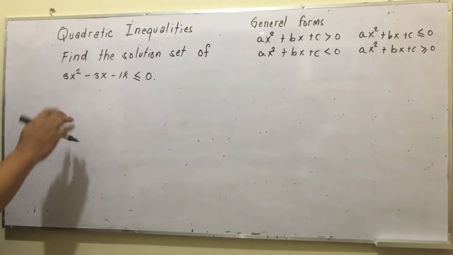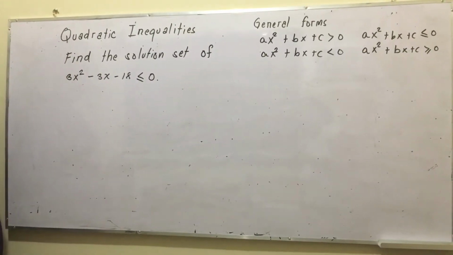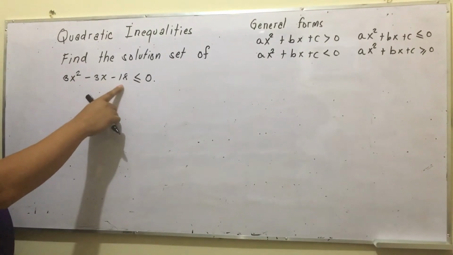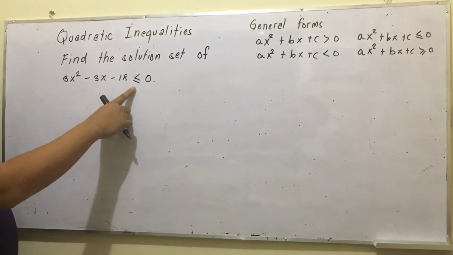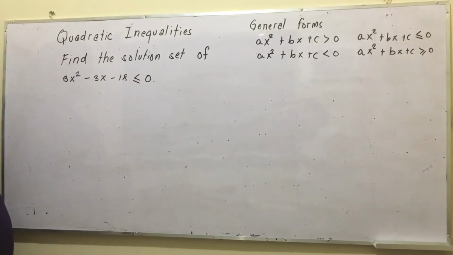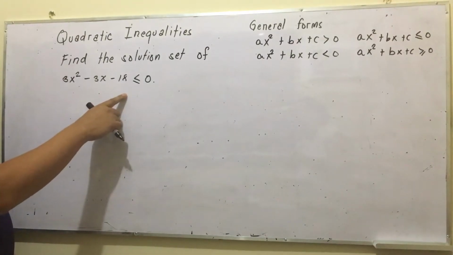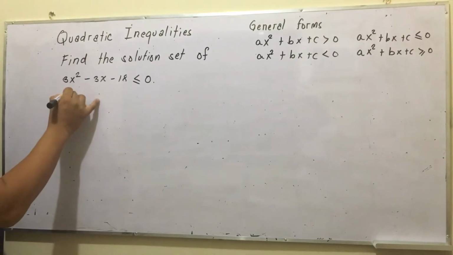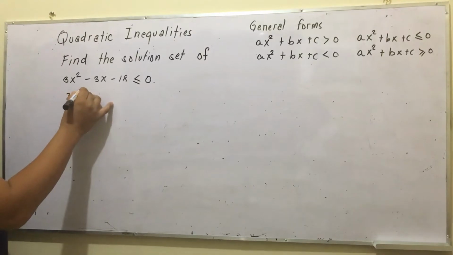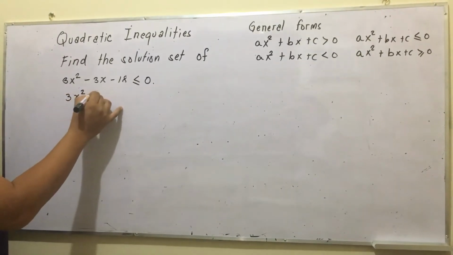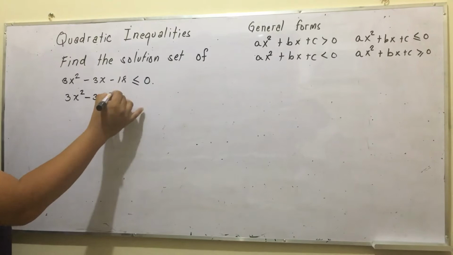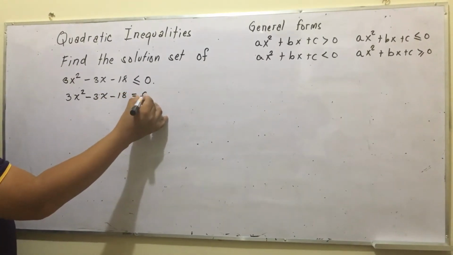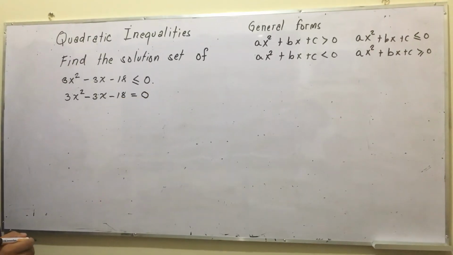So let's find the solution set of 3x squared minus 3x minus 18 less than or equal to 0. First, let's rewrite this as a quadratic equation: 3x squared minus 3x minus 18 equal to 0.